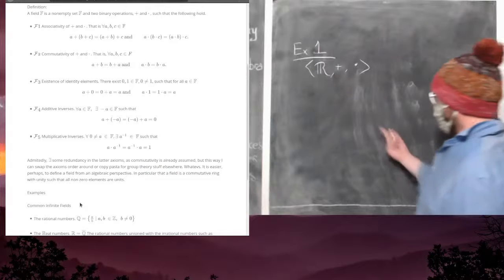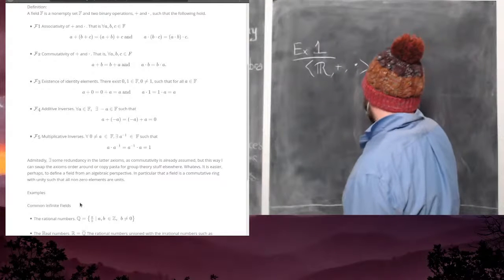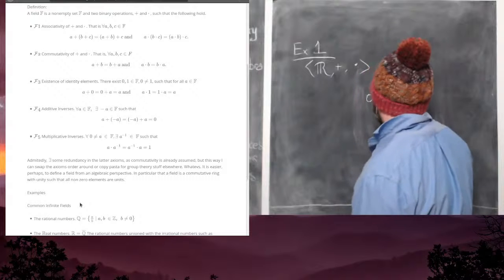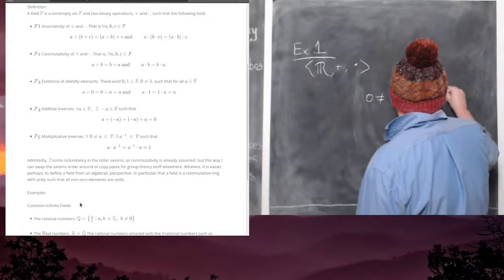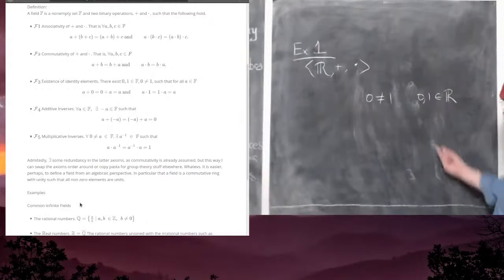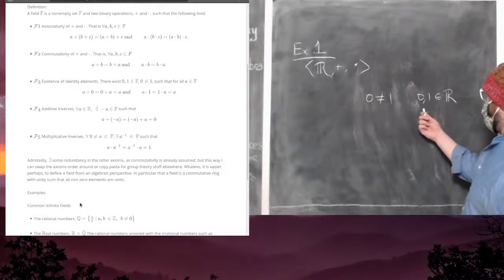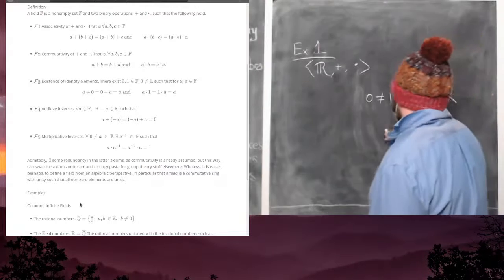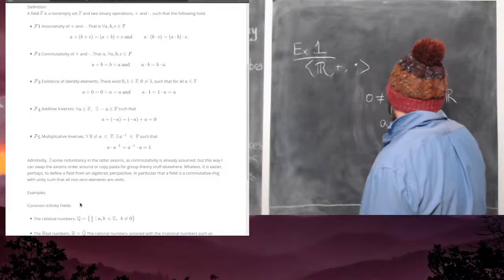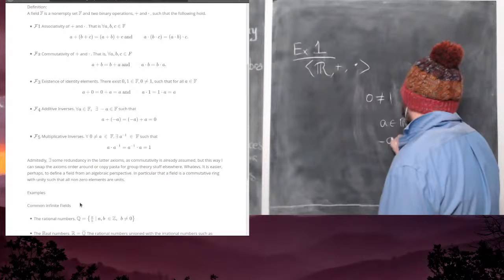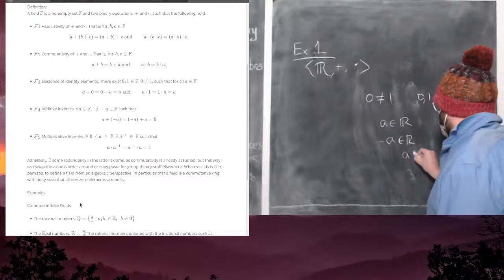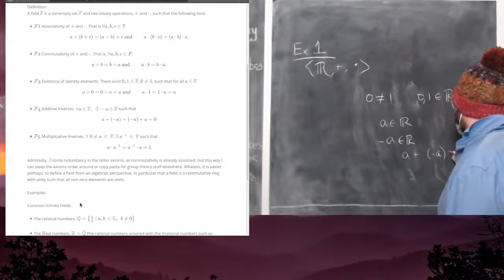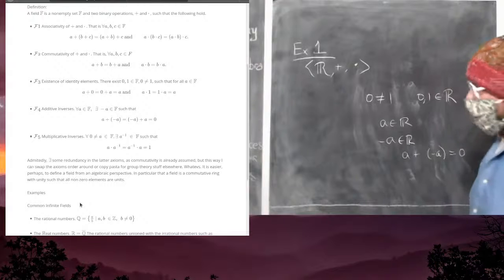And we have to have a 0 that's not equal to 1, and they're both inside this field, yeah? Obviously, just the numbers 1 and 0. And then, well, we also have inverses, right? So if A is an element of the real numbers, well, we just take negative A. I mean, that's also in there, right? And if we add those together, we get 0.